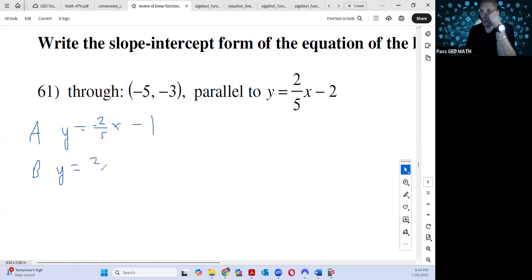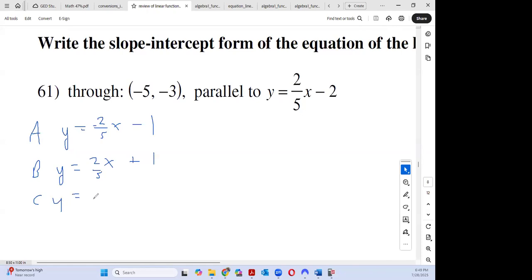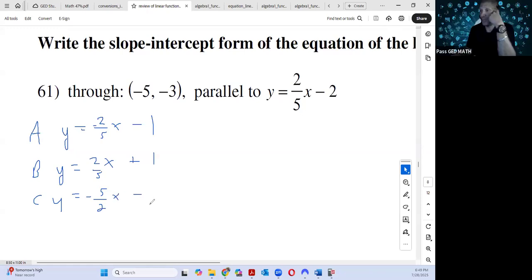B: y equals 2/5 x plus 1. C: y equals negative 5/2 x minus 1. D: y equals positive 5/2 x plus 1. So what I'm asking you is what is this?